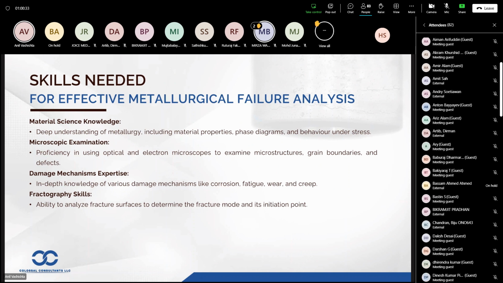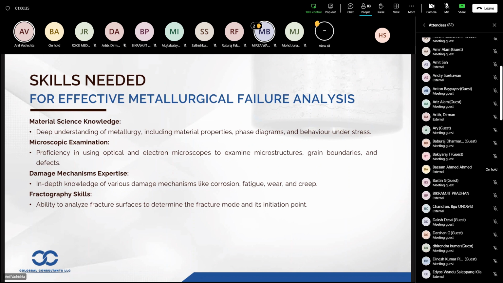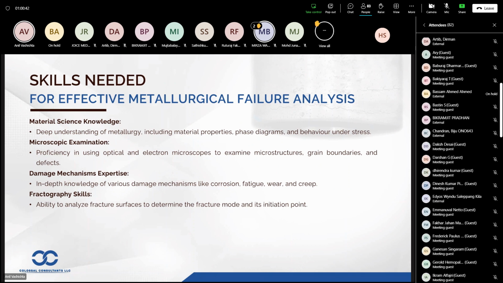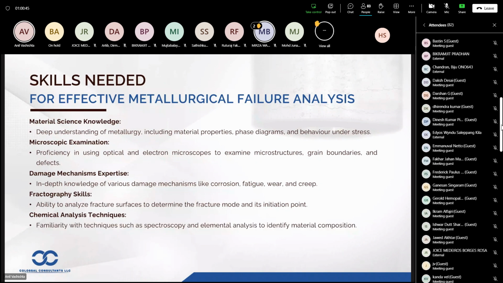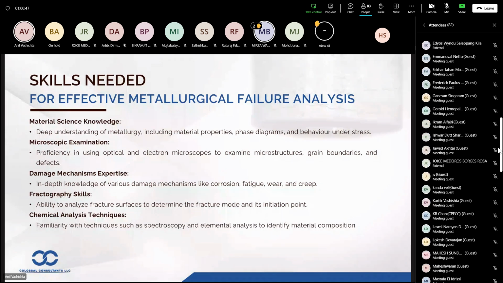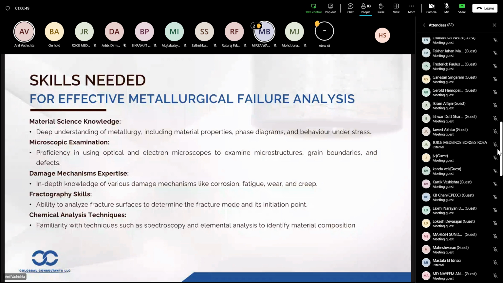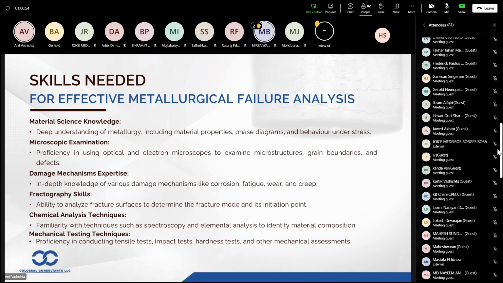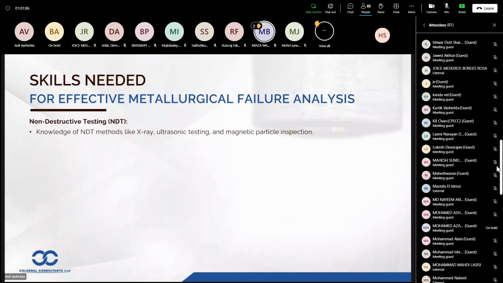The analyst should have fractography skills to be able to analyze the surfaces to determine the fracture modes and the initiation point. Should be familiar with chemical analysis techniques like elemental analysis or spectroscopy, and mechanical testing knowledge, proficiency in conducting the test or analyzing the results of tensile, impact, hardness, and other mechanical testing techniques.